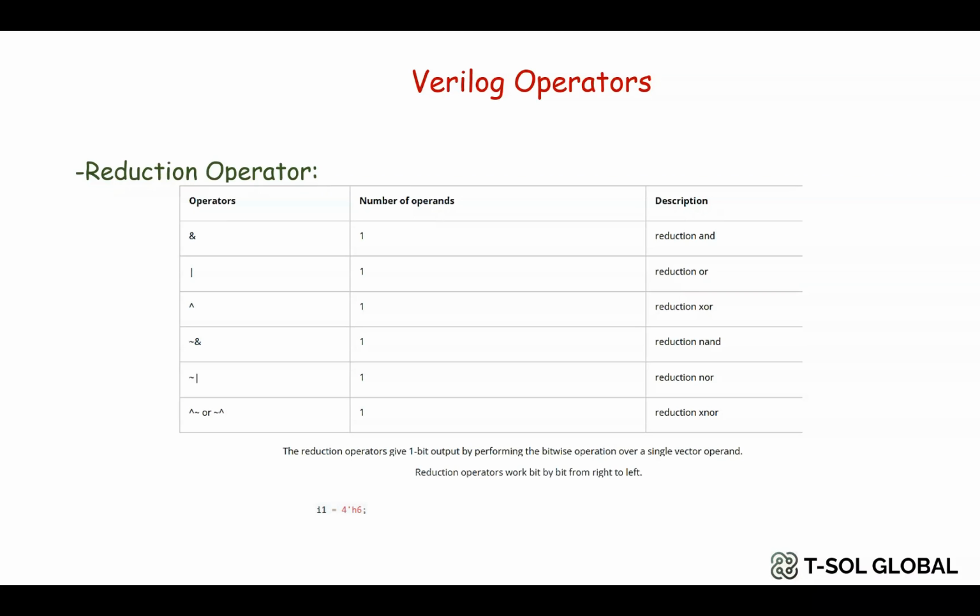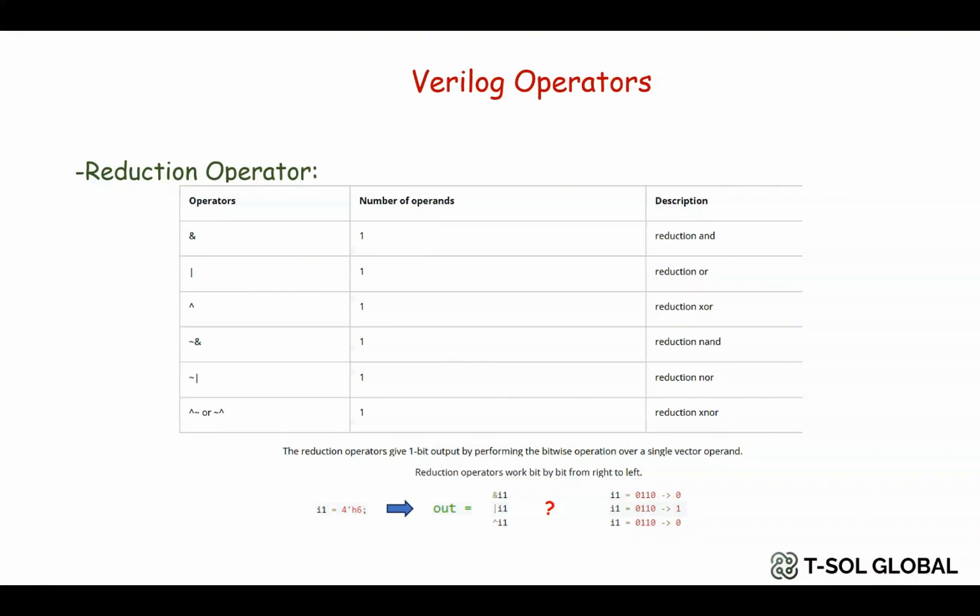We have I1, which is the 4-bit hexa number 6. We want to do at the output reduction AND I1, reduction OR I1, and reduction XOR I1. Here the reduction will be like this. For AND I1, it will do first 0 and 1, which will be 0, then 0 and 1, which will be again 0, and then 0 and 0, which will be 0.